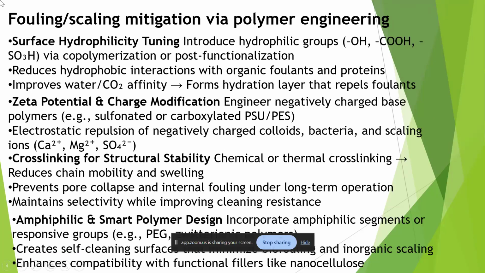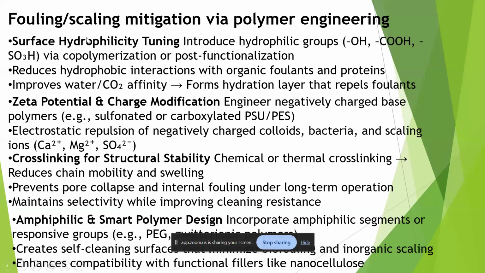This fouling and scaling mitigation, I mentioned the fouling issues while making use of the polymers, influence and all these things which are coming through it. So these are the different methods in industry that we focus on while making it.